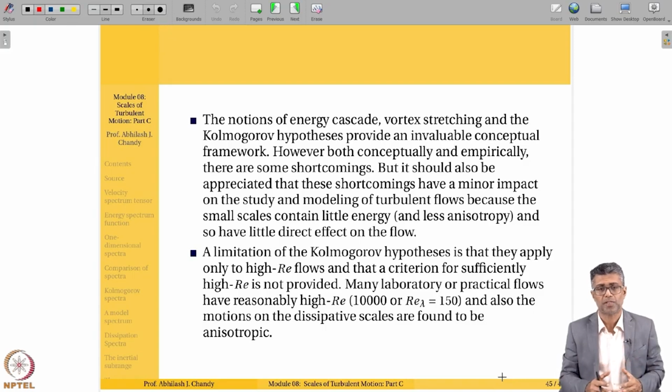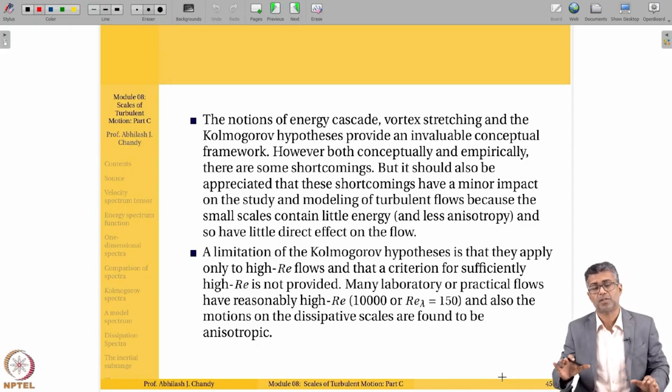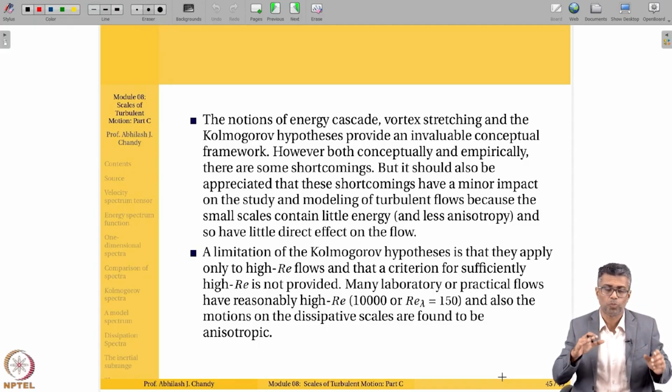And the reason why we say that has to do with when we looked at this cumulative turbulent kinetic energy. We noticed that 80% of the energy is contained in the energy containing range. Only 20% is in the very few scales below that, and mostly 10 to 15% of the energy is contained in the dissipation range.